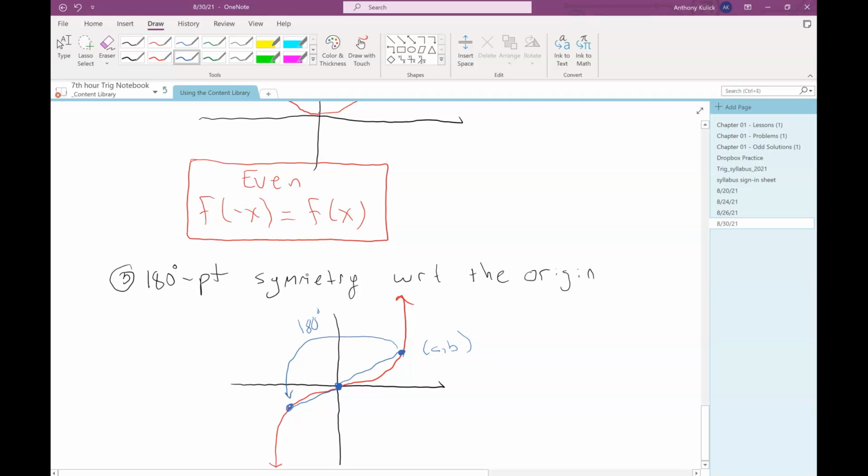That's kind of what you have to imagine. It's a little bit tricky to imagine that with your mind's eye, but if you just kind of close your eyes, imagine having a point here. It's like tied to the origin, so it's just going to spin in a circle when you spin it, right? So you do half of a circle, and any point you pick, you land back on the curve on the other side. So in general, what this means is that if (a, b) is a point on our curve, so is (negative a, negative b).